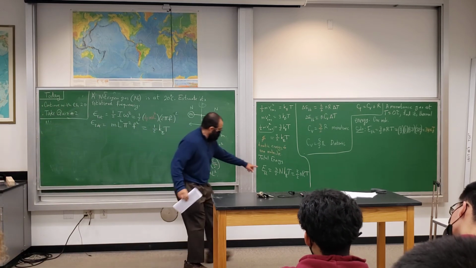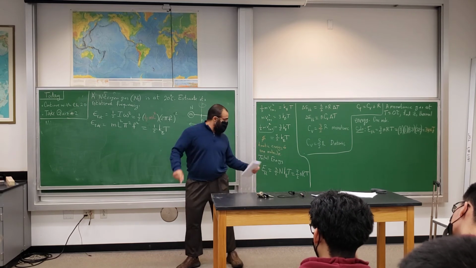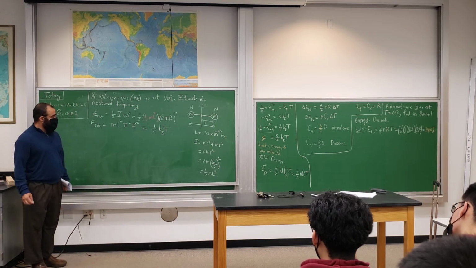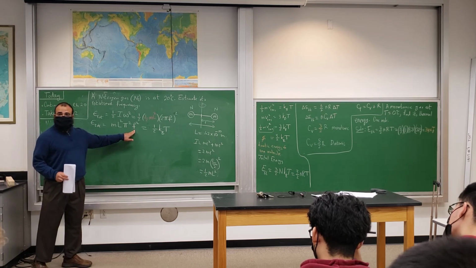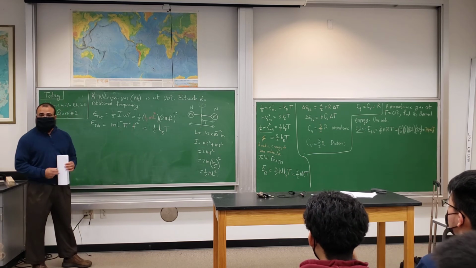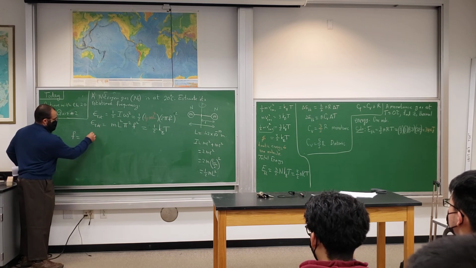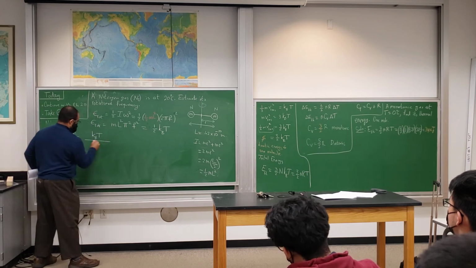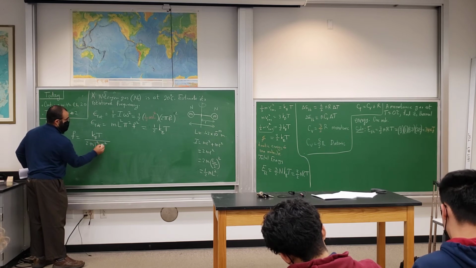If you have N molecules, but I'm considering just one molecule, so N is 1. I'm after f, so we need to solve for f. So divide and take the square root, and you get f equal to the square root of kB times T divided by 2, m, L squared, and pi squared.